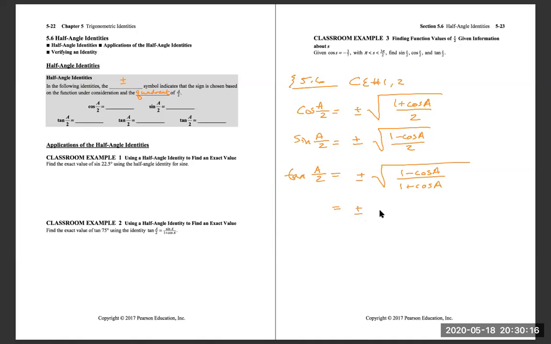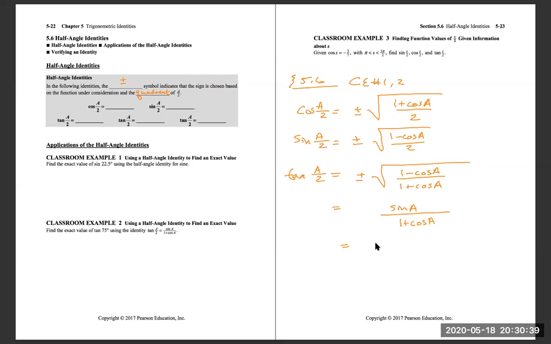It's also equal to plus minus sine a over 1 plus cosine a. And, oh, sorry, I don't want the root on that, hold on, let me explain that in a second. I'll wait on the explanation.